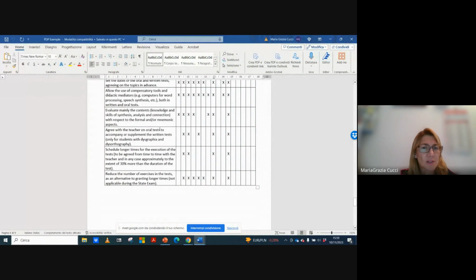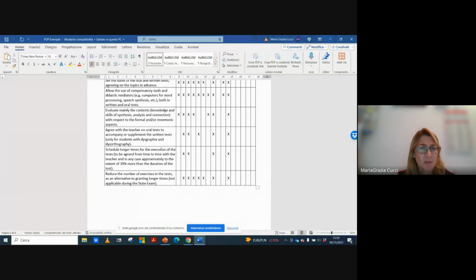Agree with the student on an oral test to accompany or supplement the written test. If the student has difficulties with dysgraphia or dysorthography, the opportunity is to change the written examination with the oral examination, and to consider that as the written grade.